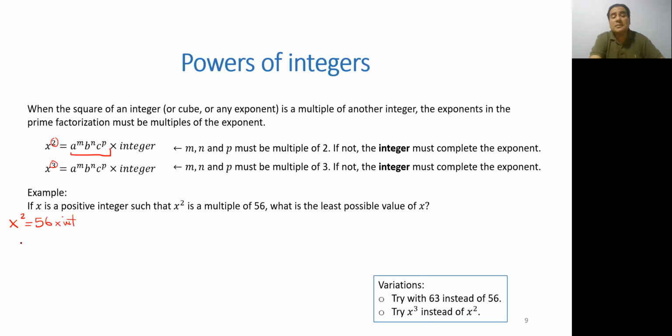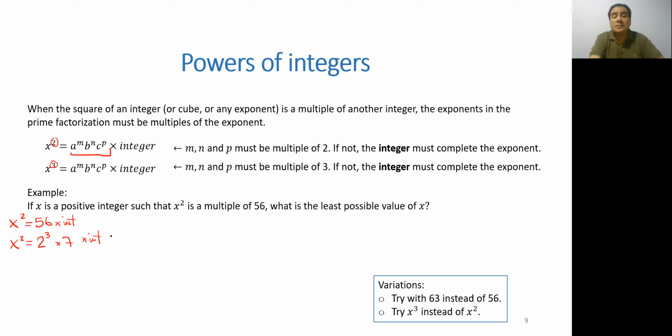But 56, when we factor it, is 2 cubed times 7. 8 times 7, right? Multiplied by a certain integer.